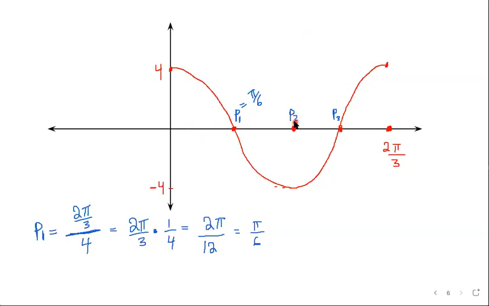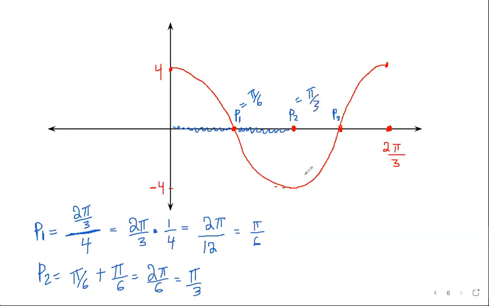So point 2 equals pi over 6 plus pi over 6, which is pi over 3.